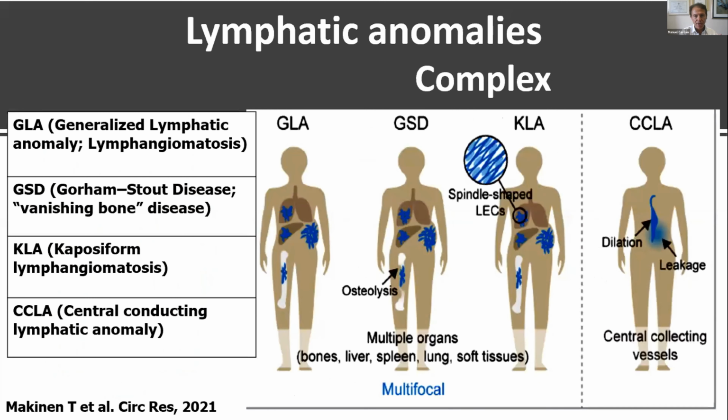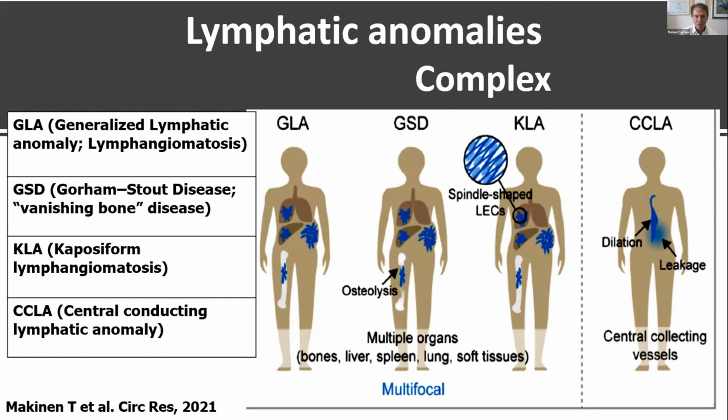But then there are the complex lymphatic anomalies. And there are 4 of them. And I'll go through each of them individually. So the first is a generalized lymphatic anomaly, or GLA, also known in the past as lymphangiomatosis, but we tend to prefer the term GLA. The second is Gorham-Stout disease, also known as vanishing bone disease.